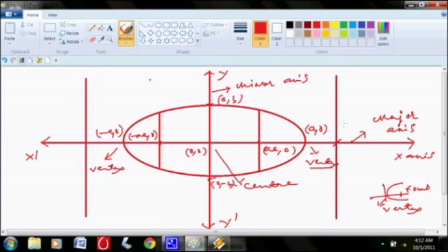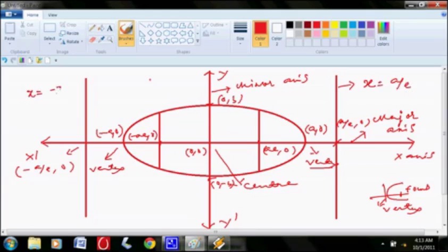This point is (a/e, 0). This point is (minus a/e, 0). So obviously the equation of this line is x equal to a/e.